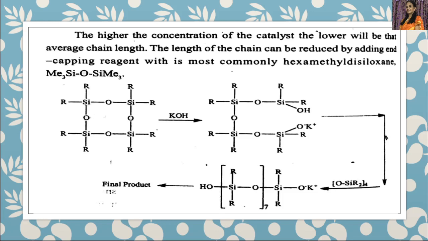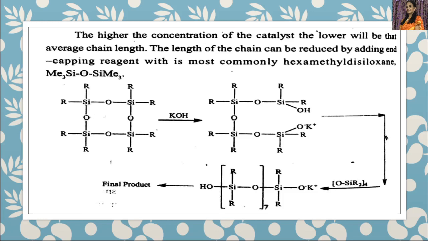Here, if KOH is used, this bond is broken. Any one bond is broken, so that we get a linear polymer. When this bond is broken, we get a linear polymer like this, and this end will have an active OH group. If this bond is broken, this end will have an active OH group.